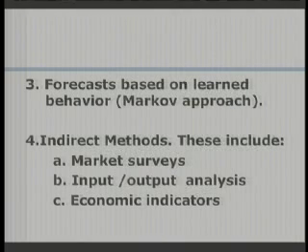Now, forecasts based on learned behavior, that is also an important way of forecasting, which relates to Markov's approach. And direct methods include market surveys, input output analysis, and the economic indicators.